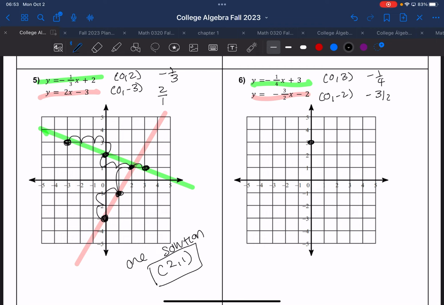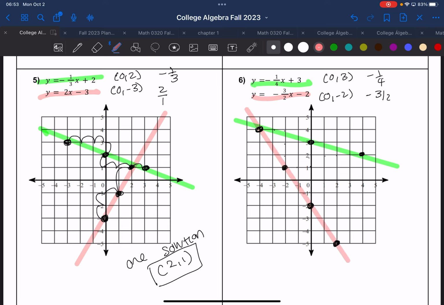So the first one, 0, 3, and I'm going to go down 1, right 4. And then at 0, negative 2, I'm going to go down 3, right 2. And I'm going to go in the opposite direction too. So up 3, left 2, because I want to see where I hit that other line exactly.